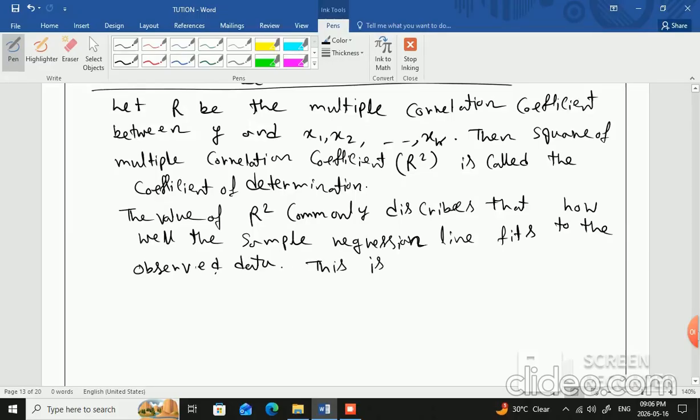This is also treated as a measure of goodness of fit. Measure of goodness of fit of the model.